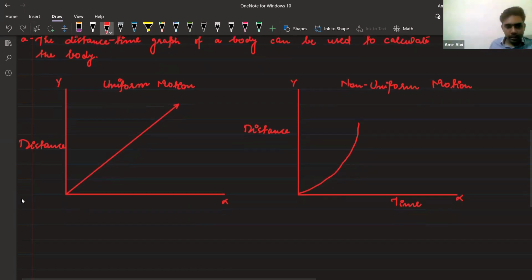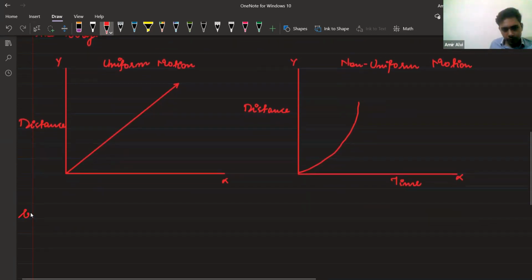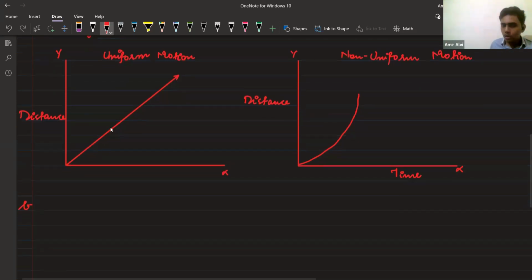One more thing about this graph. Basically, we are talking about uniform motion because this chapter does not include non-uniform motion. So this slope will tell you the value of speed. Higher the slope, it means steeper the slope, higher the value of the speed.